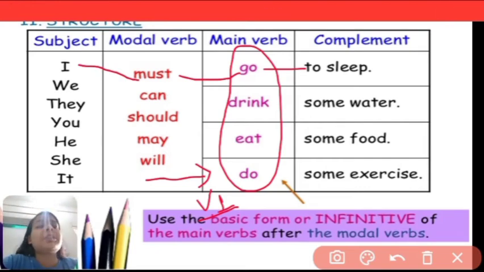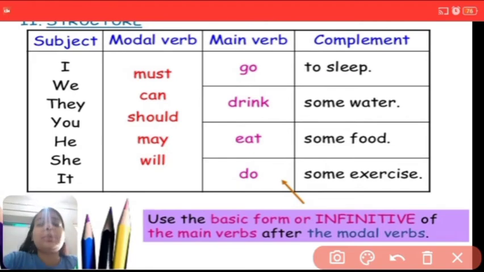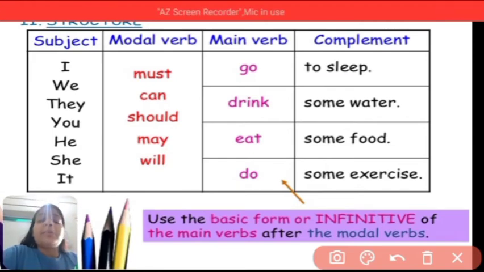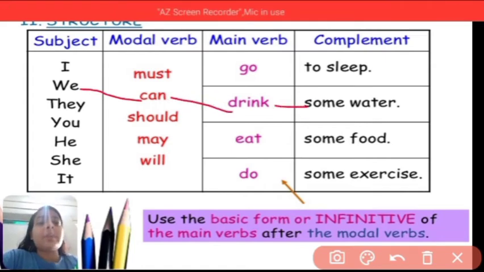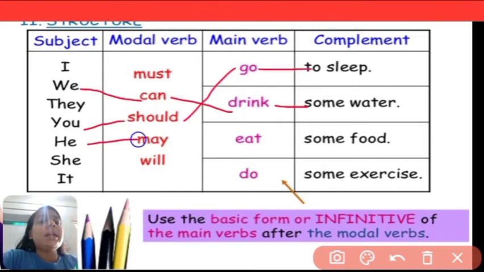There is no restriction that you have to use a particular modal with a particular subject. You can write: we can drink some water. You should go to sleep. He may, and if I add not, it becomes a negative sentence: you may not eat some food.